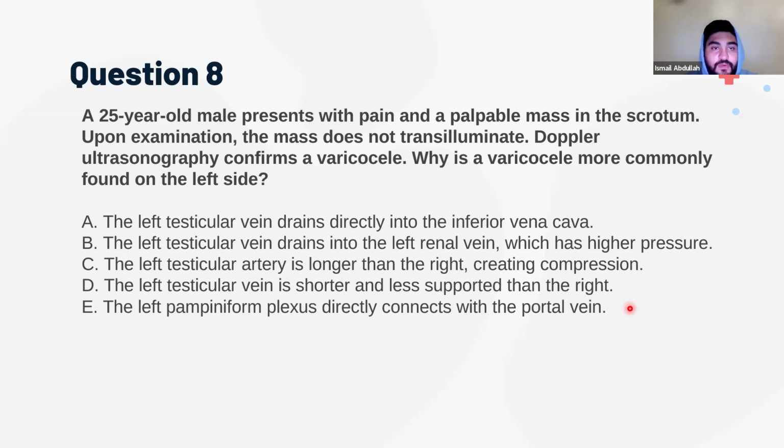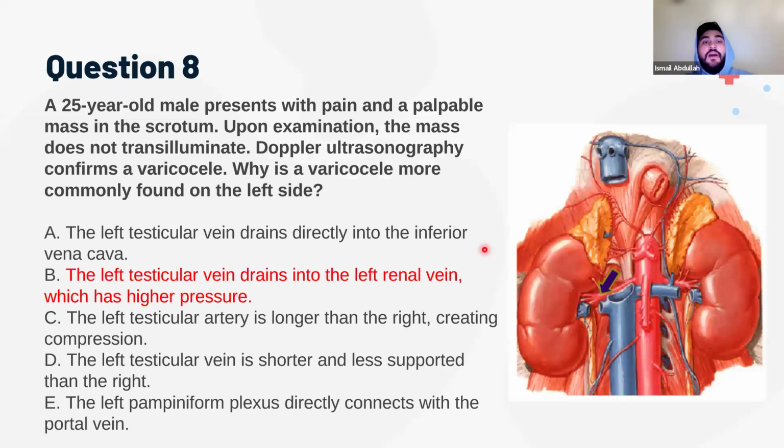Yes, it's going to be B. That's correct. This is more of an anatomical reason behind why varicoceles are more commonly found on the left side. It's because two veins drain into the left renal vein, the suprarenal and the left gonadal vein, either testicular or ovarian.